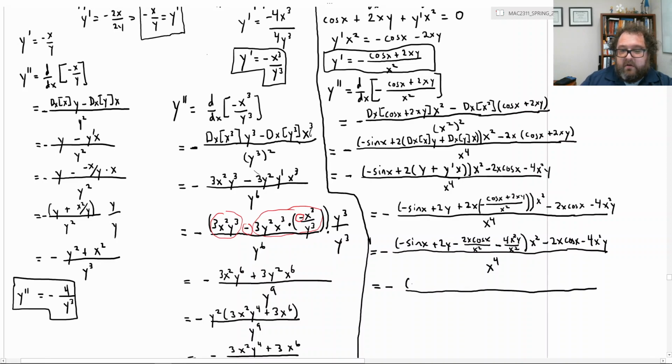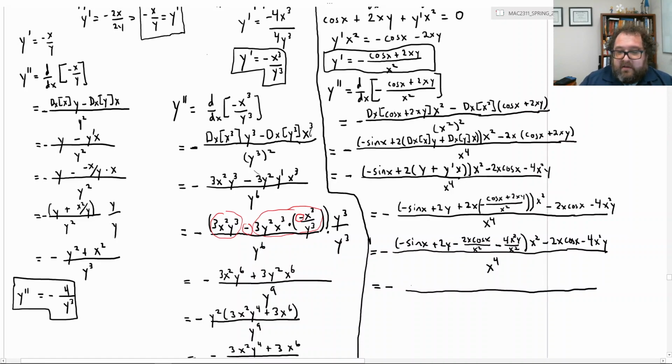So we have negative sine x plus 2y. Okay, now here's the thing. Oh, I didn't distribute. The whole point here is to distribute. So I have x squared over here, x squared times this entire set of parentheses.